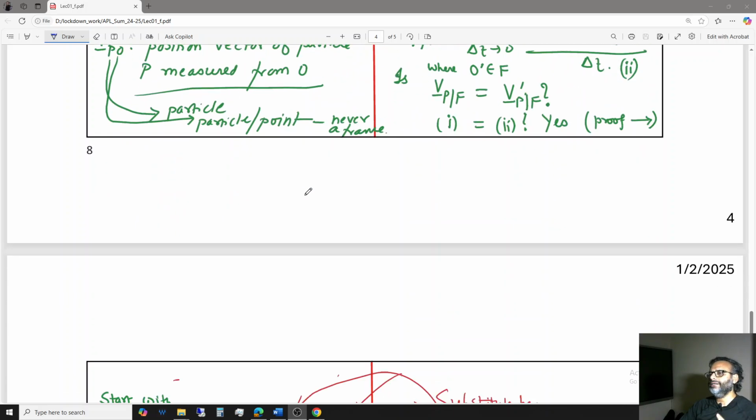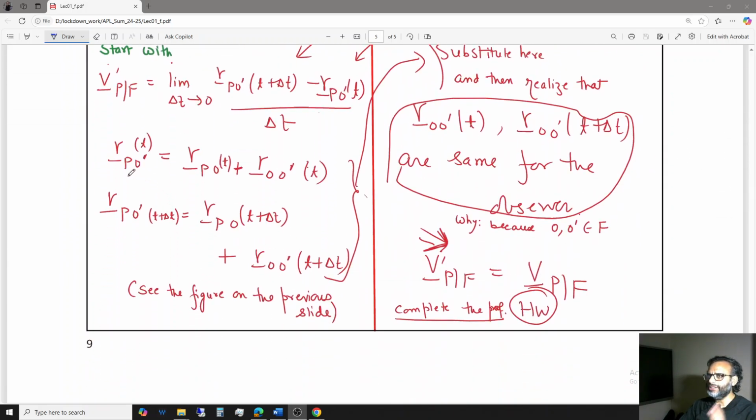The answer is yes. This is the relationship: Rpo prime at time t is equal to Rpo at time t plus Roo prime at time t. Simple geometry. It comes directly from the geometry of the locations where points P, O and O prime are.